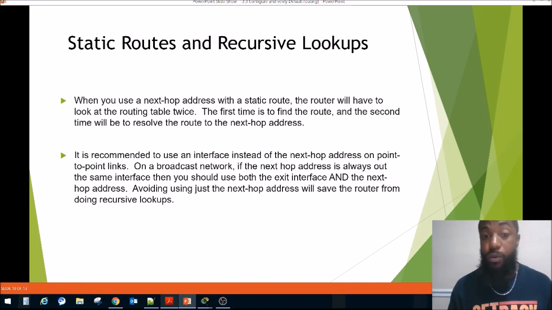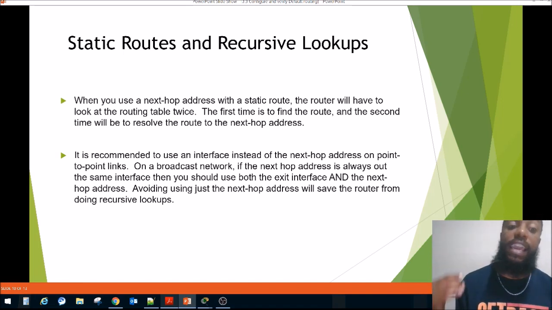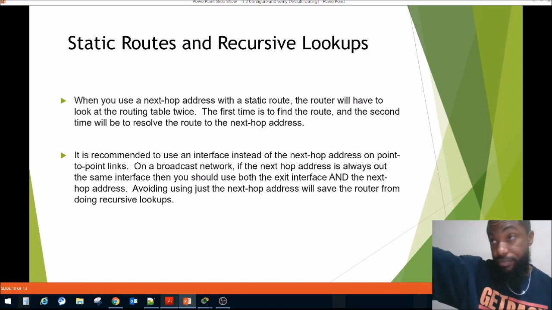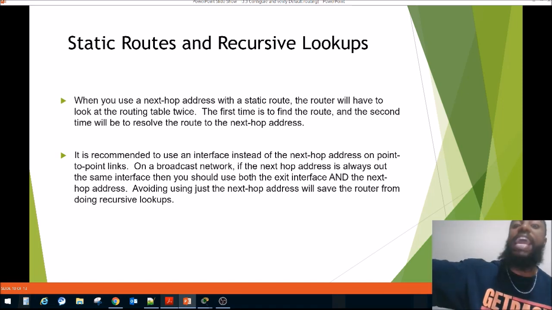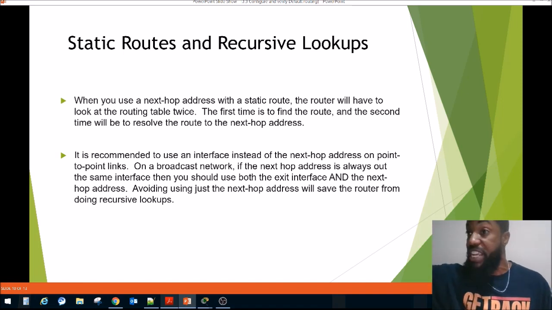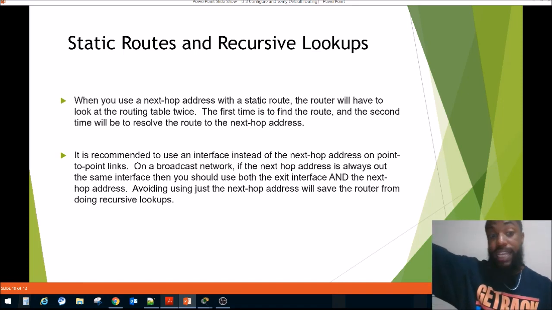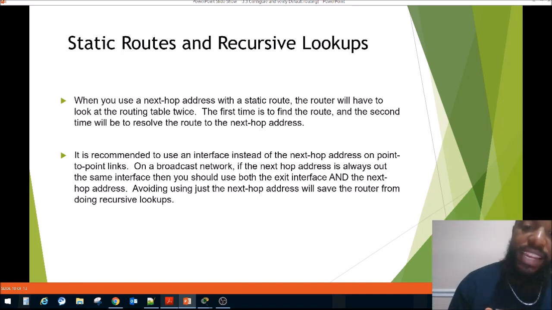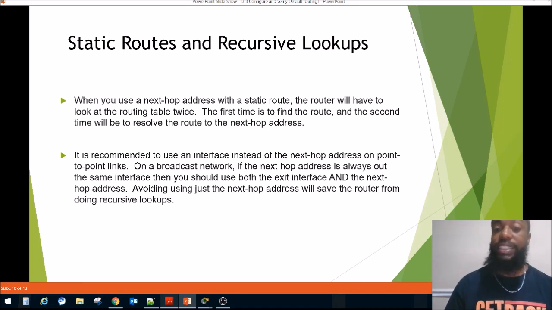On a broadcast network, if the next hop address is always out the same interface, you should use both the exit interface and the next hop address. So the exit interface, which will be the security guard, 000, and the next hop address, which will basically be like the name of the road to get to that gate, out of my complex. Avoid using just the next hop address, and we'll save the router from doing recursive lookups.